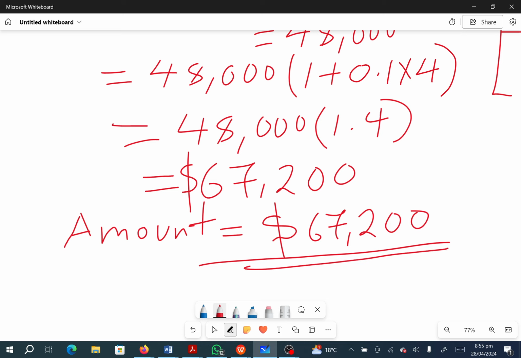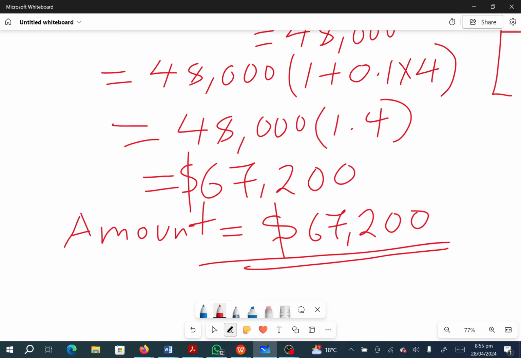Okay, so this is the amount that Robert was expected to pay at the end of the loan period.